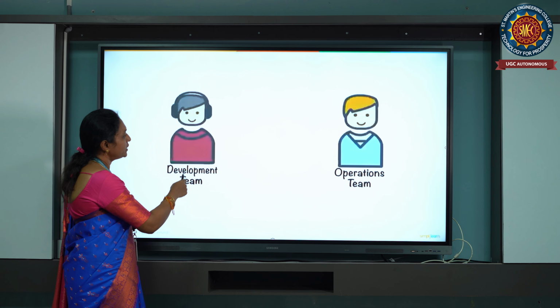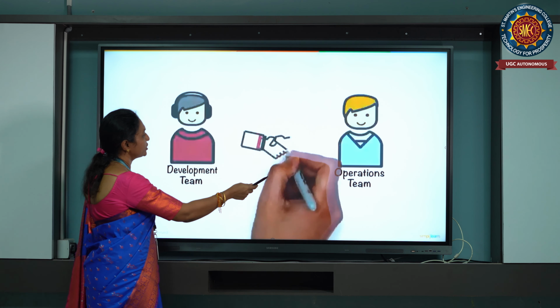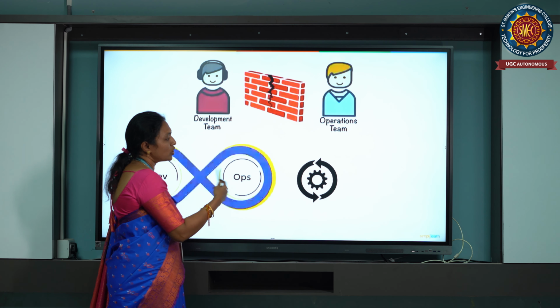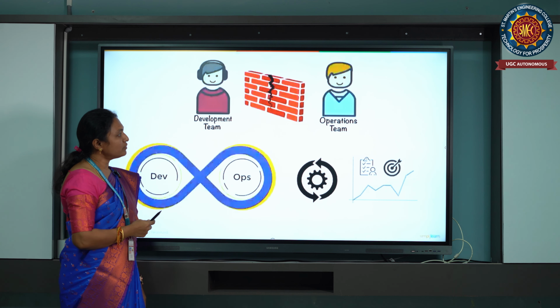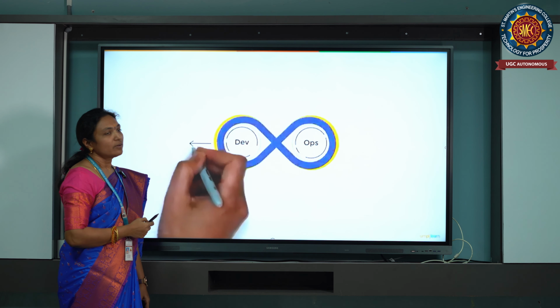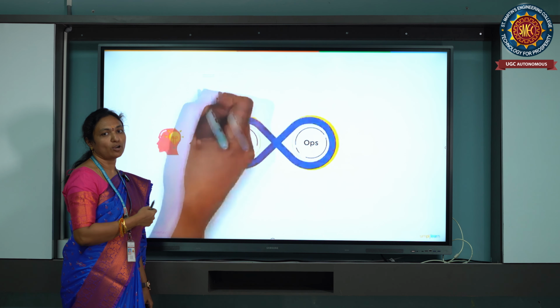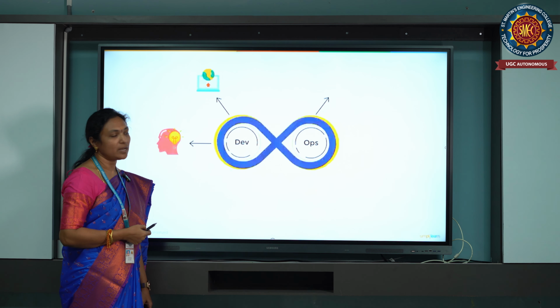After that, the development team and operations team collaborate with each other, and they discuss what requirements they have to complete. Okay, so the requirements will be completed. After that, the feedback also comes back. So what we are identifying here is the disadvantages we identified in the waterfall model and agile model.